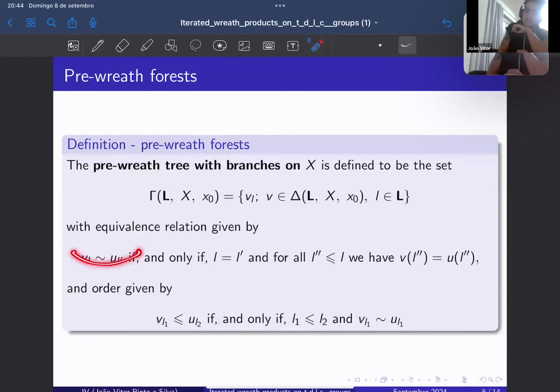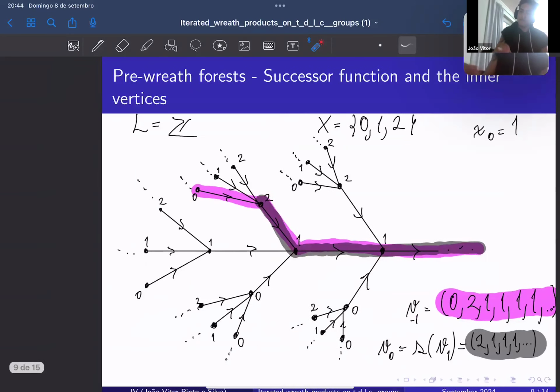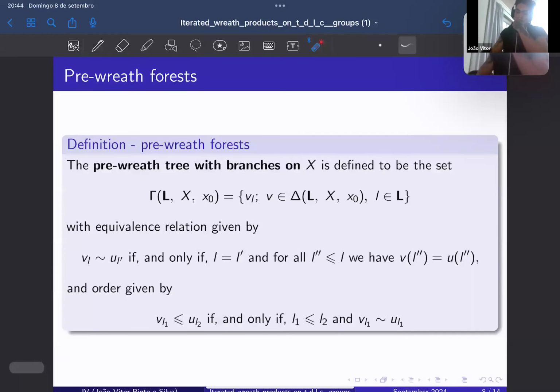And here it's just an equivalence relation, which is what you expect. Two functions restricted to L and L prime will be the same if and only if L and L prime are the same, so they are on the same horizontal, and after this point they always have the same things. They never stop being the same.